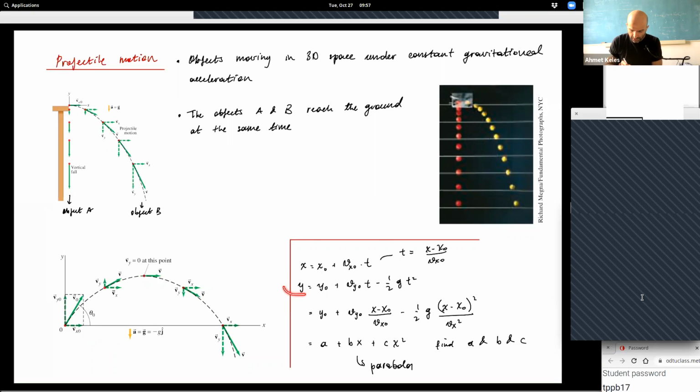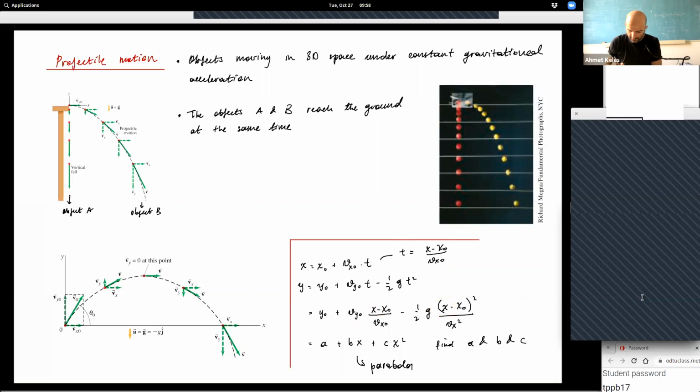So you have two equations, and you want to eliminate t in favor of x and y. You can just plug in, and you have something like this. You can see these are constants, some terms linear in x and some quadratic in x.